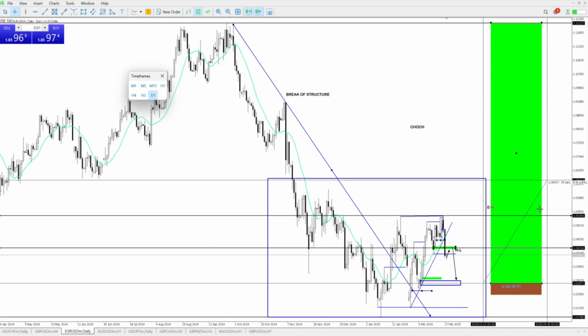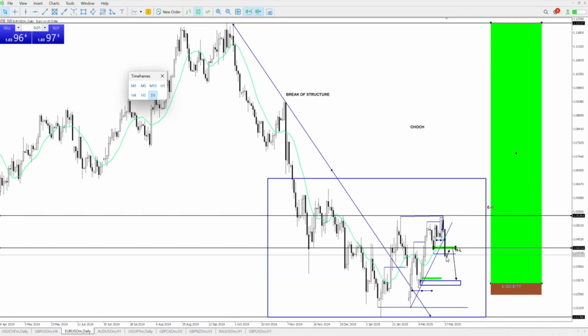As long as price respects this internal structure that we have on the 4 hours, price is definitely going to get to this point. I have a 90% confidence rate on this particular setup, as long as price respects this structure that this movement has mapped out for EURUSD.